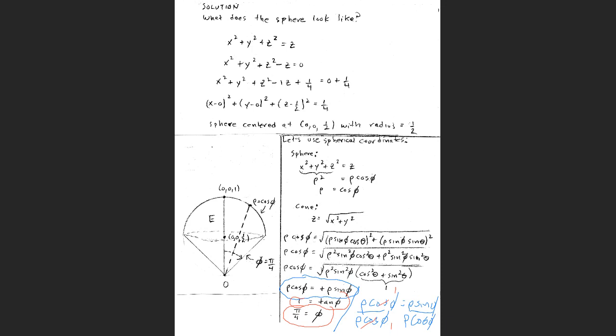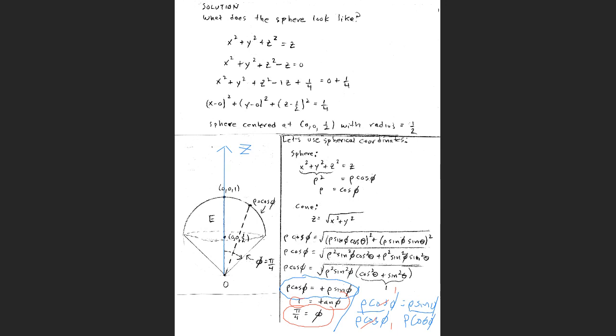Okay, so if I put in the positive z-axis, there it is. All right, so the cone is here.